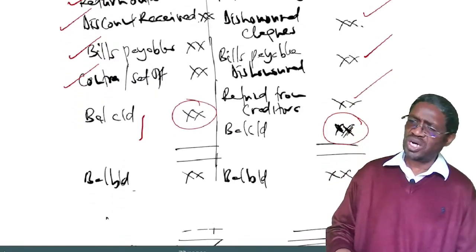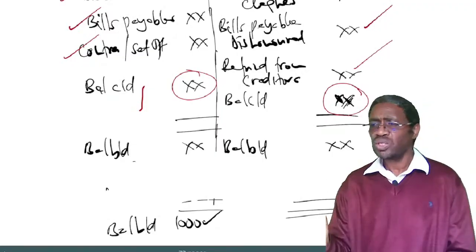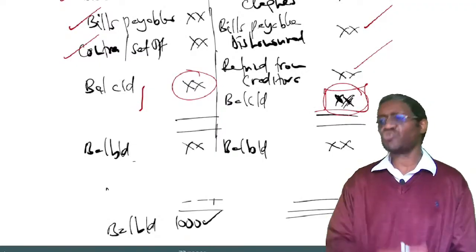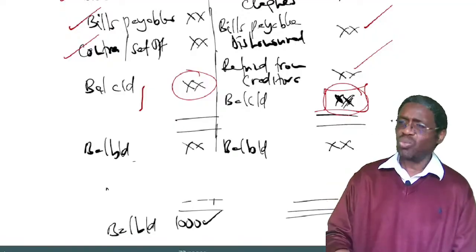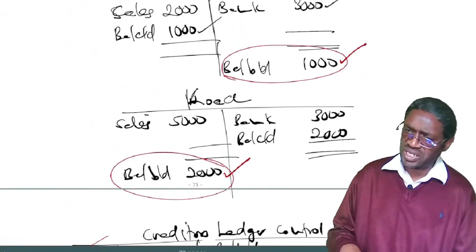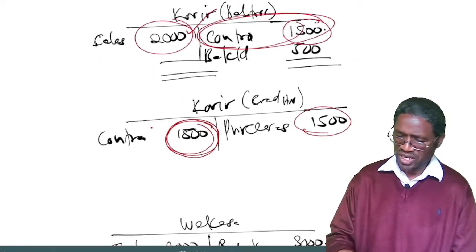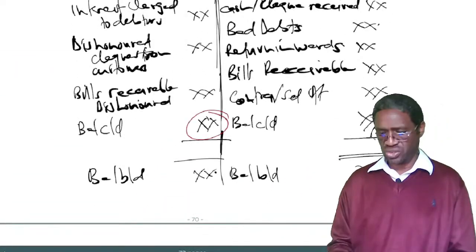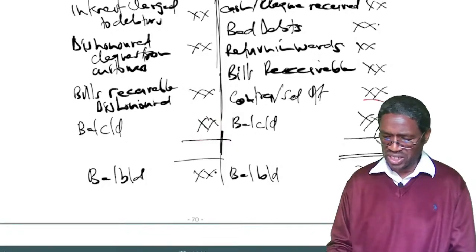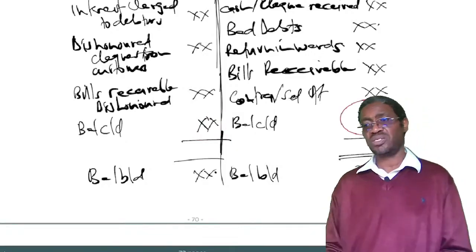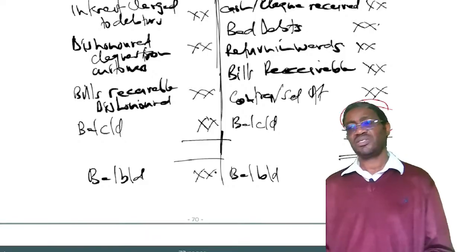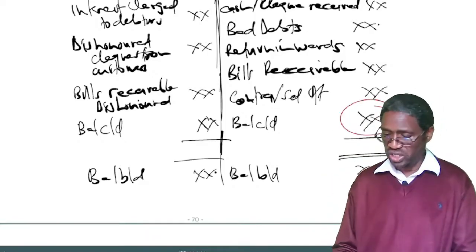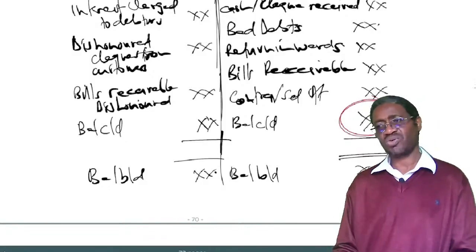So these control accounts will help you to know what is the total value of the creditors by the end of the year to go to the balance sheet. What is the total value of the debtors, like we did in the control account for debtors here. What is their balance? Normally it's the one on the credit side because it's mostly a debit balance. What will go to the balance sheet as debtors? Total debtors, this amount. That's what we're saying.